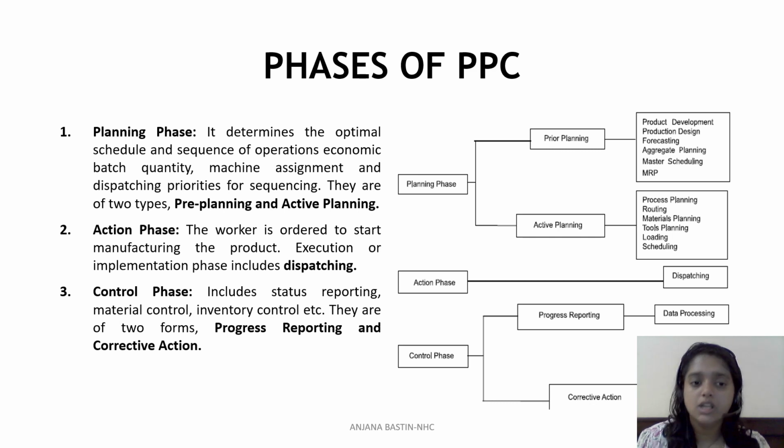All right. Then the third one is the control phase. Like how we learned about the conversion system and control system back in the first chapter, if you remember, wherein we have to understand what the status of production is as of now. And also, what material control is to be practiced in the organization, what type of inventory control method we should use, how to control the material handling process.